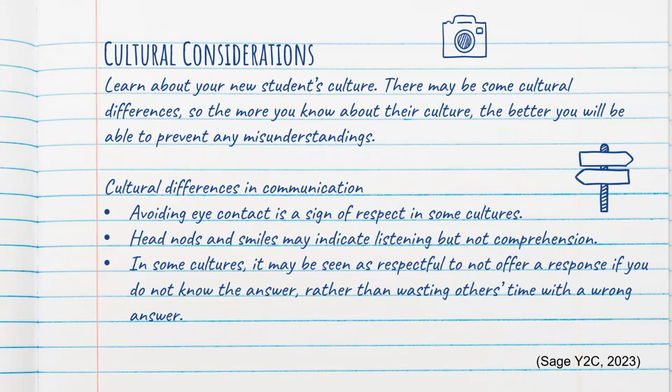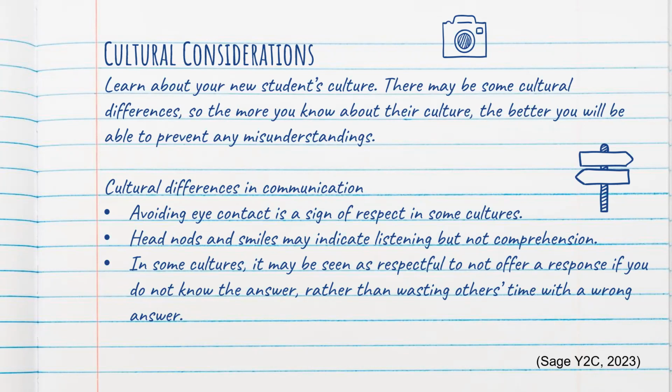First, some students might avoid eye contact, whereas in American culture, eye contact is a symbol that the students are paying attention and understanding. In some cultures, they want to be respectful.